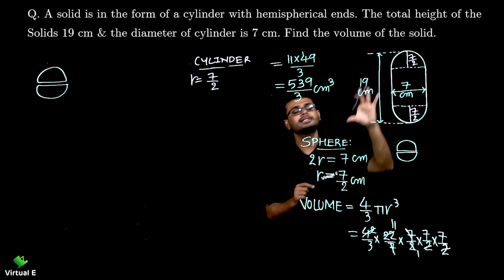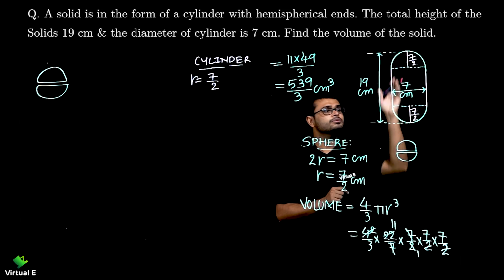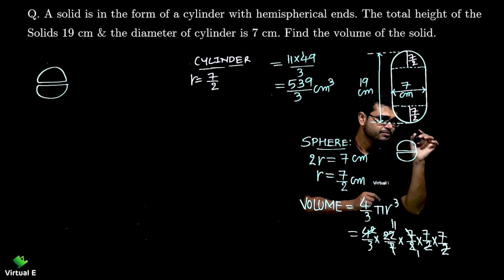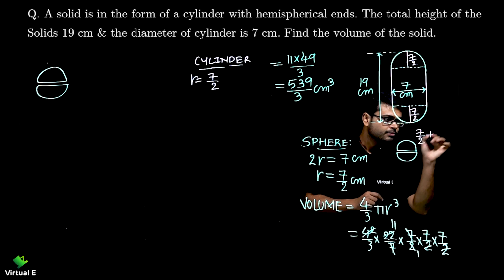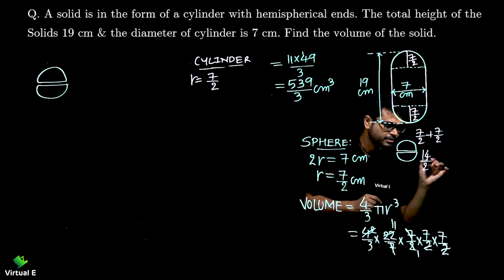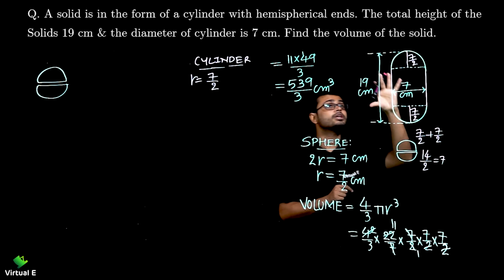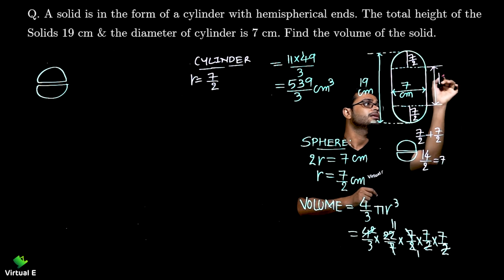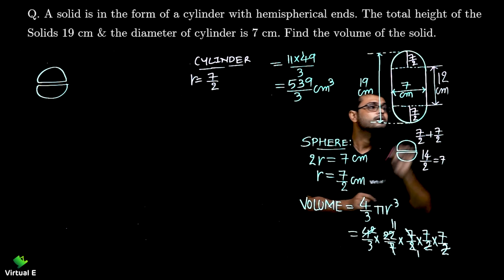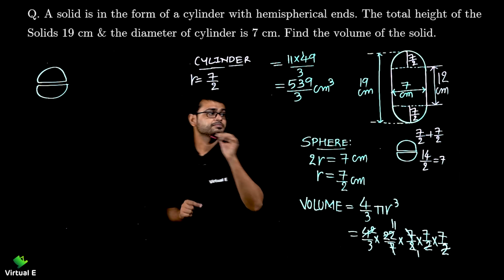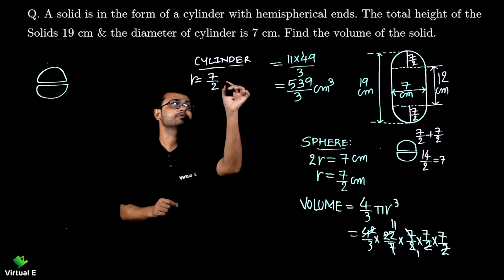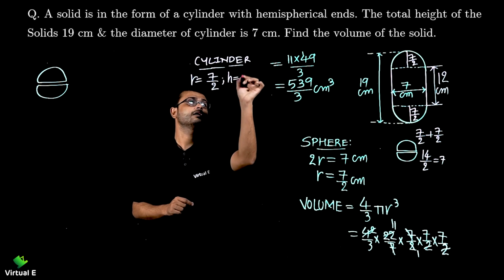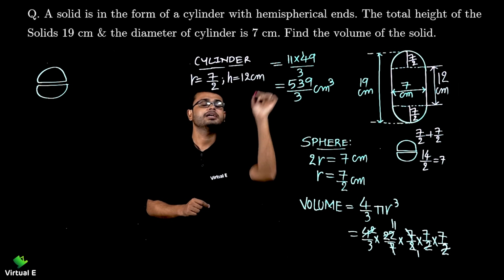So from 19, we need to remove 7 by 2, 7 by 2. If you add 7 by 2 plus 7 by 2, you will get 14 by 2, which is 7. So you need to subtract 7 from 19. That is 12 centimeter, right? 19 minus 7 will give you 12 centimeter. So height is 12 centimeter.